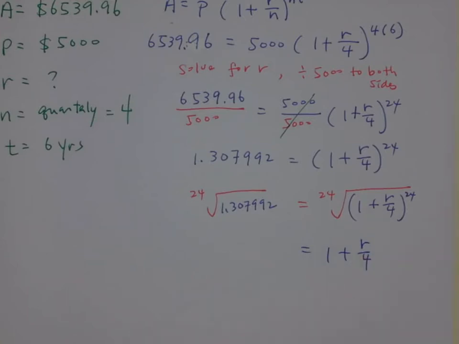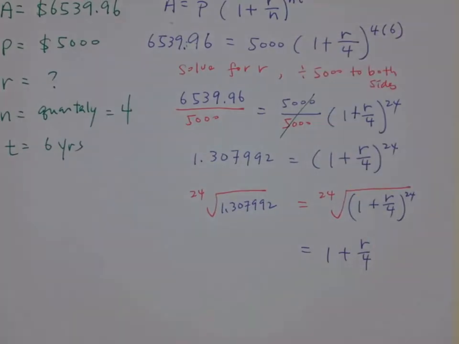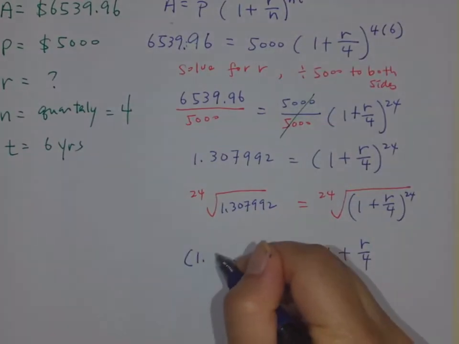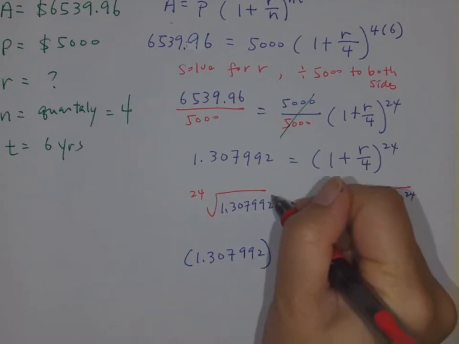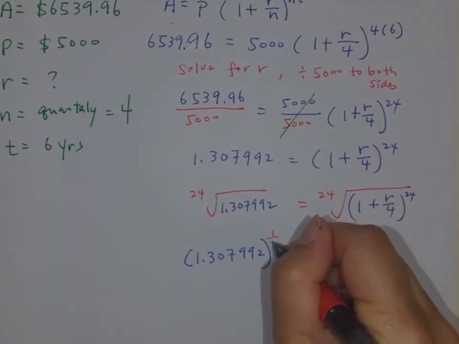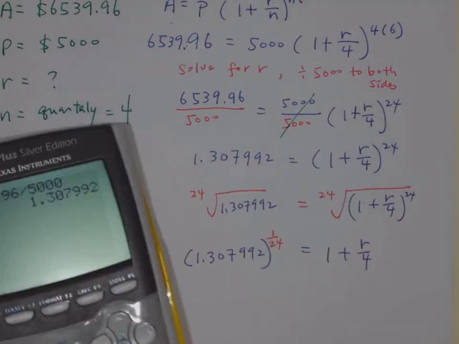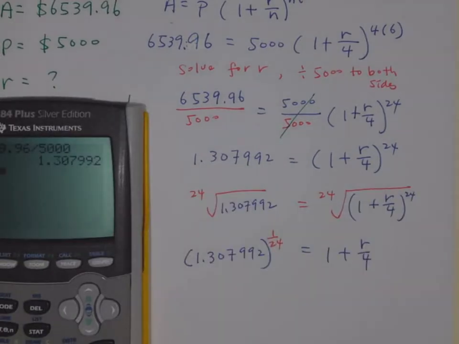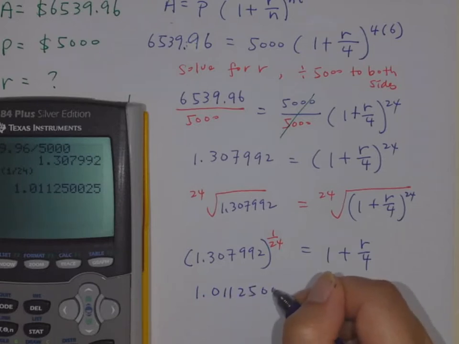And over here, if we take the 24th root, you can rewrite that as an exponent: 1.307992 raised to 1 over 24. Do we remember the exponent rule? So I can raise this number to the power of 1 divided by 24. It's going to be a really long decimal number. I'm going to need to copy the whole thing down because I am not supposed to round it until the very last step.